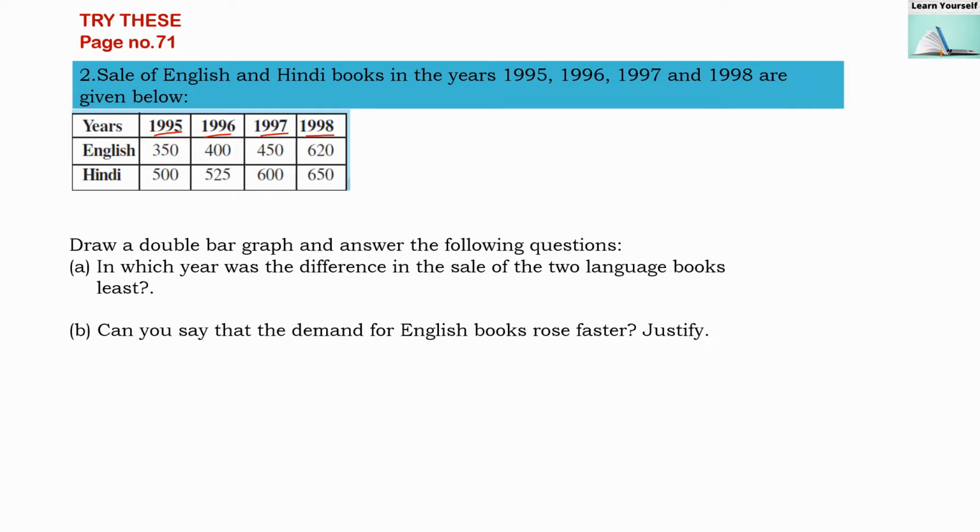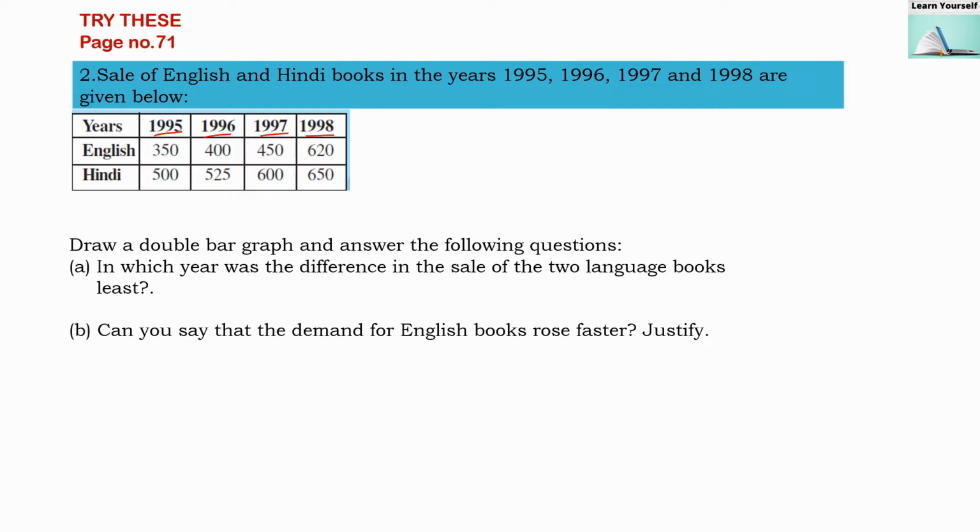In 1995, 350 English books were sold and 500 Hindi books were sold. Like that we have data for 4 years for Hindi and English. Now we have to answer some questions based on this.